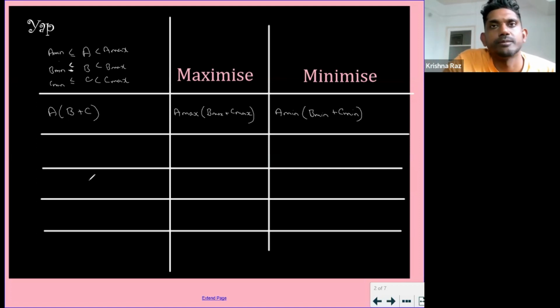I'm going to make that a little bit harder and change the sign. So if I change the sign, it gets more difficult than the previous one.